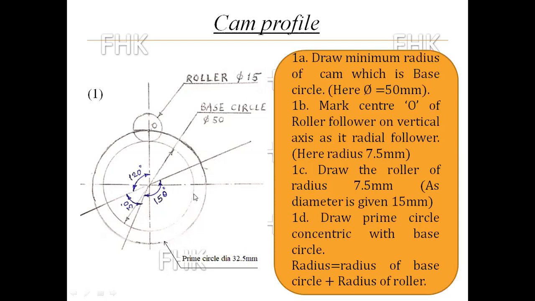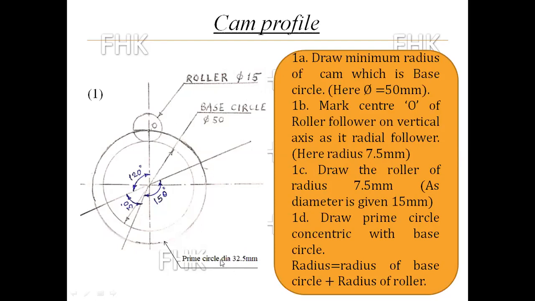This will be a single circle, because the knife edge is a single point which is the trace point on the base circle. But in case of a roller follower, the center of the roller is the trace point, and through that center of the roller you will draw another concentric circle, which is nothing but the prime circle.